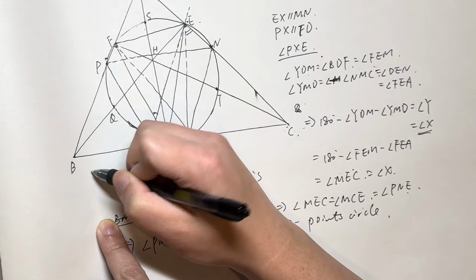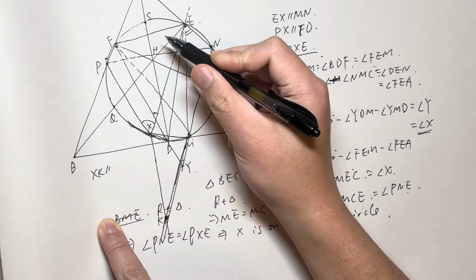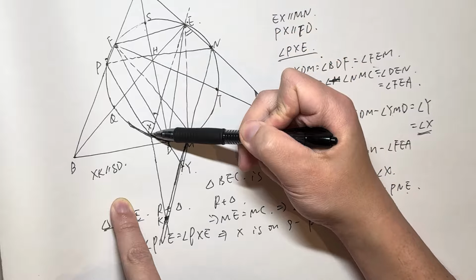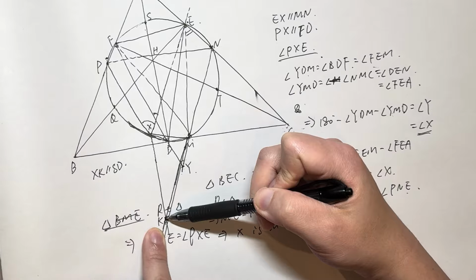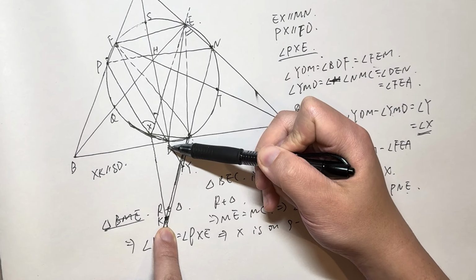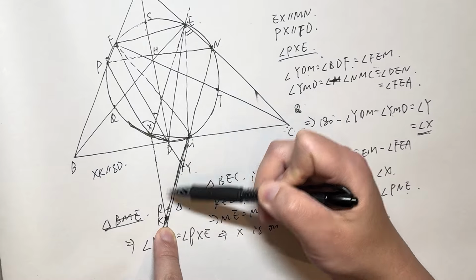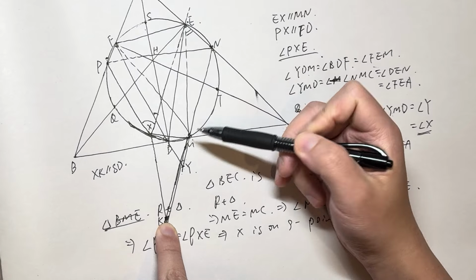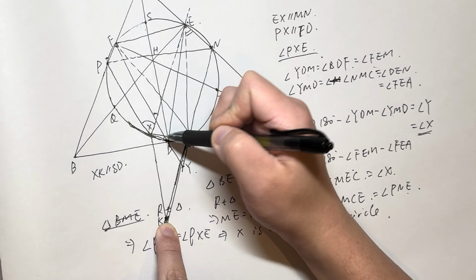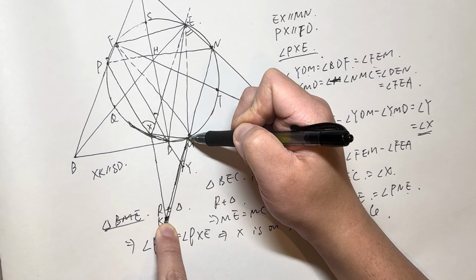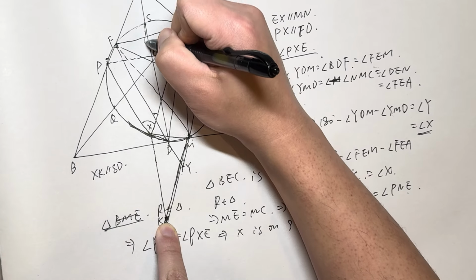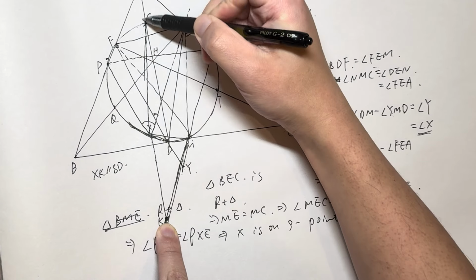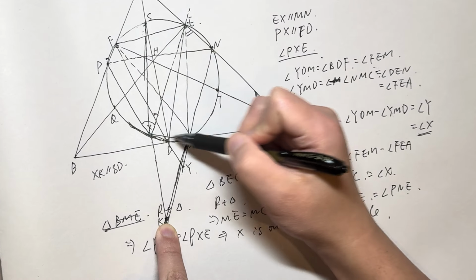So we know that XK is parallel with SD. Then we just need to prove that SX is parallel with KD, right? And we already know that KD is perpendicular to XM, which means we just need to prove that SX is perpendicular to XM.